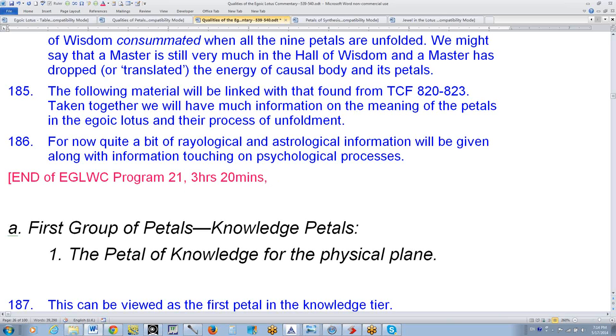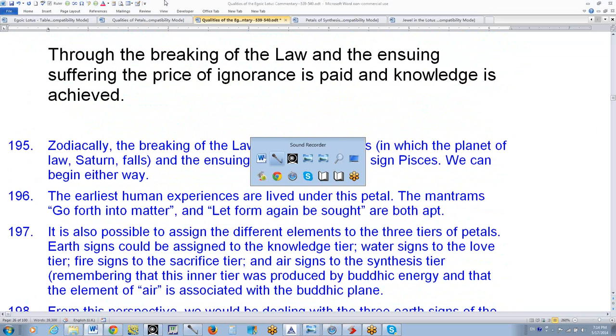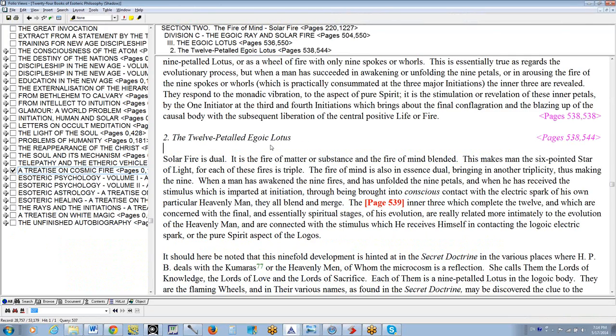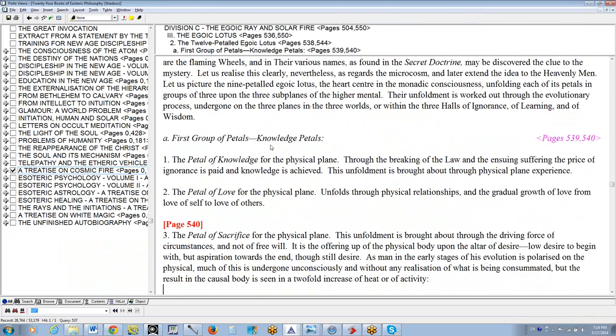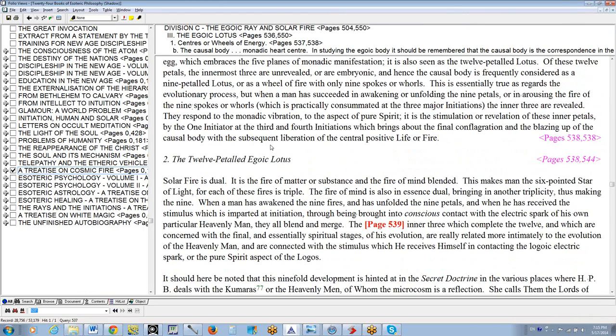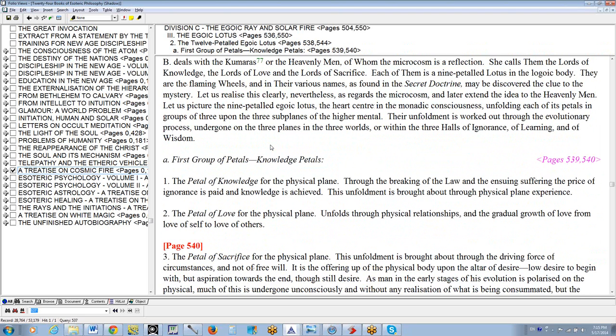And we have dealt with TCF 536 to 539, I believe. Let's see where we are. Oh, maybe the best way to do it is to go over here. Yes, I think so. And we're in page 539.